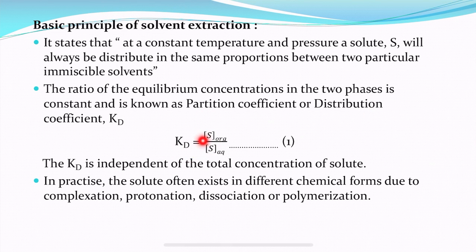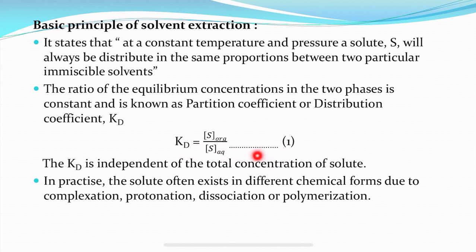Here I have represented it in mathematical form, where this is the solute present in the organic solvent and this is the solute present in the aqueous solvent. This is how the constant ratio of the equilibrium concentrations in the two phases is represented as a mathematical equation.